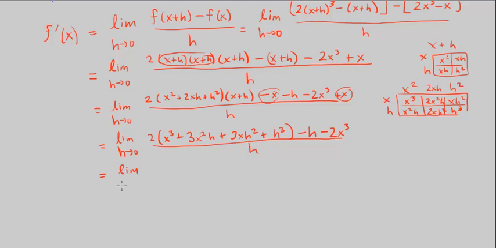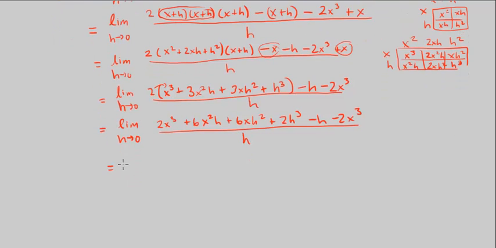So that's equal to the limit as h approaches 0. Now let's distribute that 2 all the way across, right? So that's 2x cubed plus 6x squared h plus 6x h squared plus 2h cubed, right? That's distributing the 2, minus h minus 2x cubed, all over h.